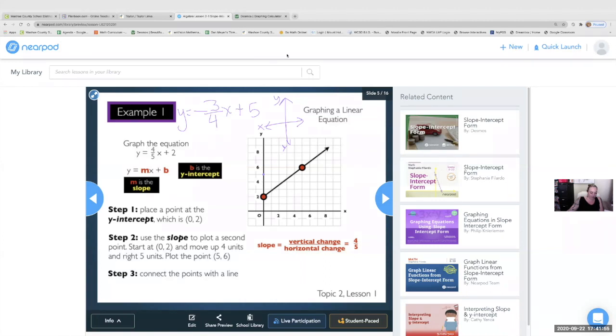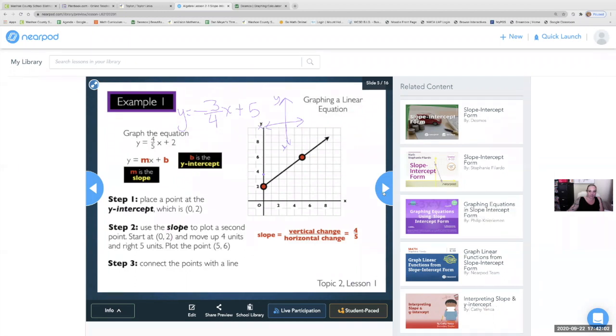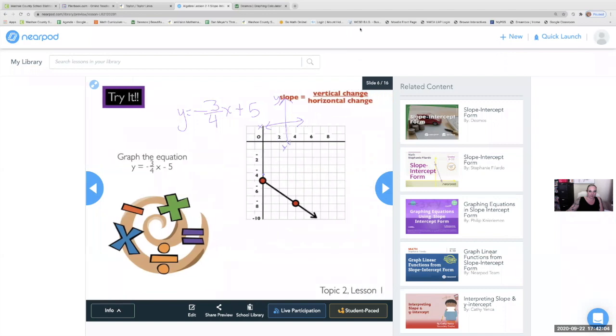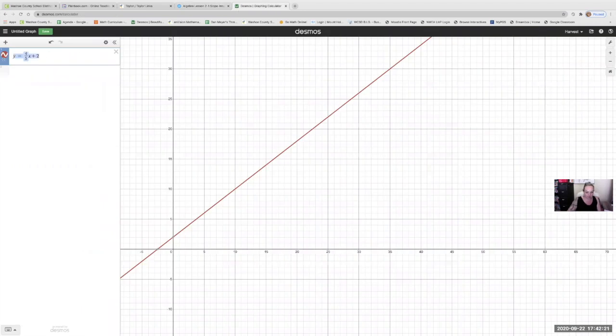Okay, so if you're ready, you've already checked your graph. It should look like this. So it crossed at -5 on the y-axis, and then you applied the slope going down 3/4. And this is your next point at 4 and -8. Let's put this in here.